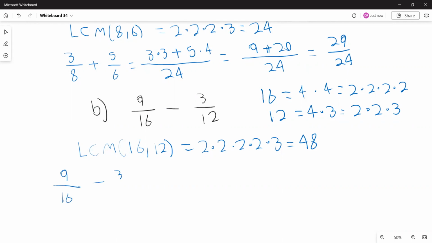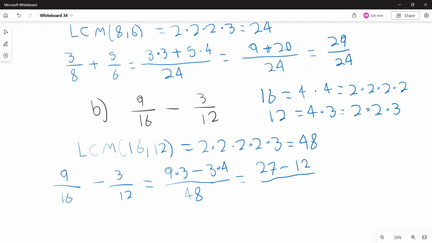So 9 over 16 minus 3 over 12. Least common multiple is 48. 48 over 16 is 3, so we multiply 9 by 3. And 48 over 12 is 4, so we multiply 3 by 4. 9 times 3 is 27. 3 times 4 is 12. 27 minus 12 is 15.